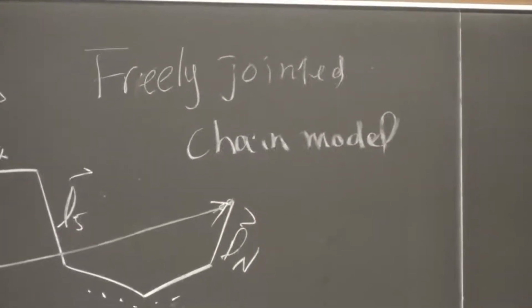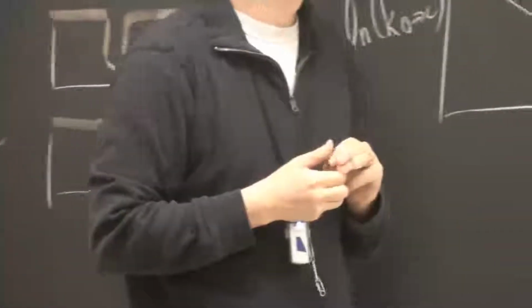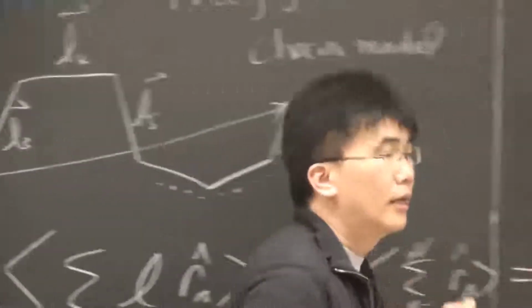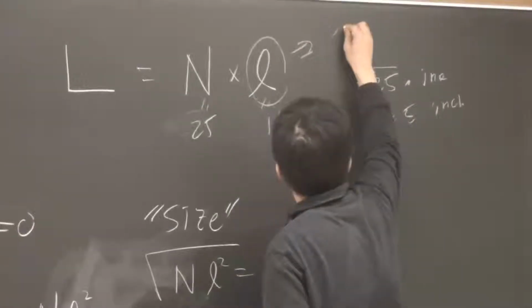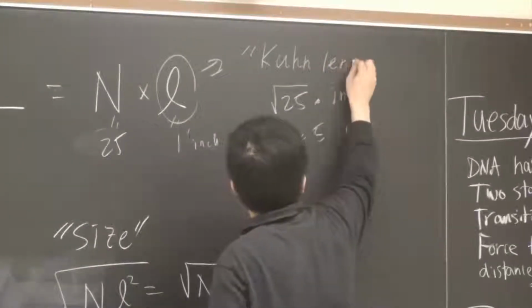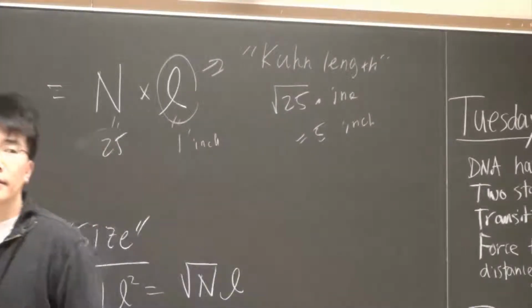Basically, they can take any possible angle between the adjacent chain units. Okay. And in this formalism, this length is called the Kuhn length.